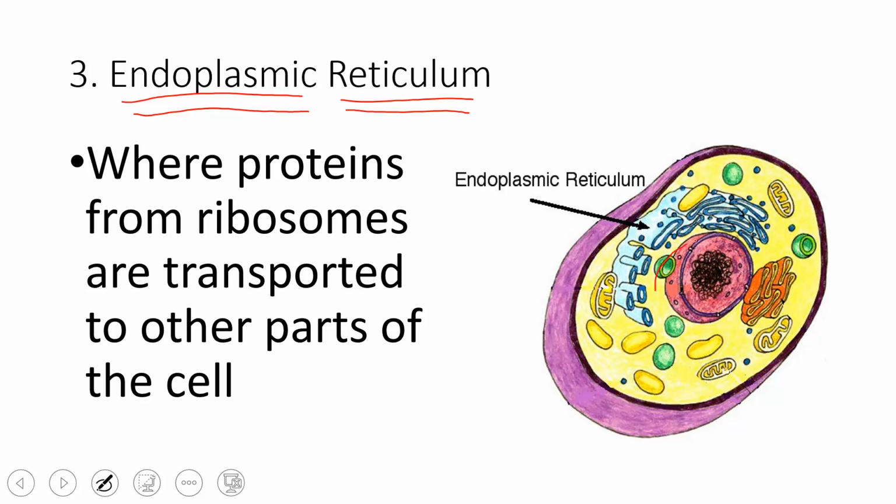In our diagram here, this blue organelle is the endoplasmic reticulum. You'll see that it kind of has lines to where it forms somewhat of a highway. So the endoplasmic reticulum is where, when the protein made by the ribosomes is ready to be transported to another part of the cell, it goes through the endoplasmic reticulum so that it can get transported.